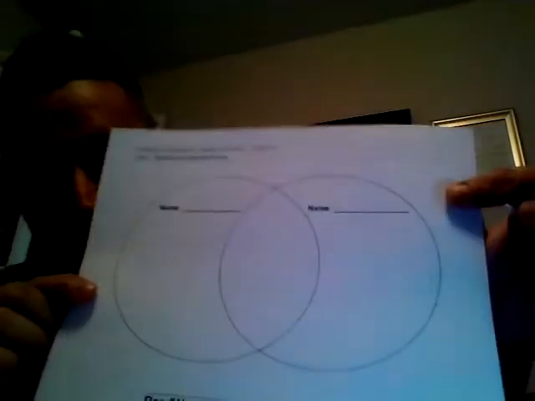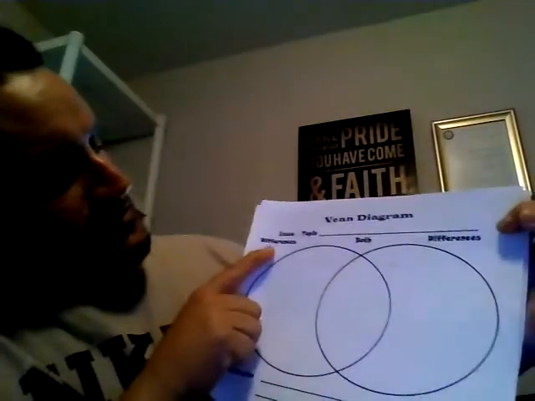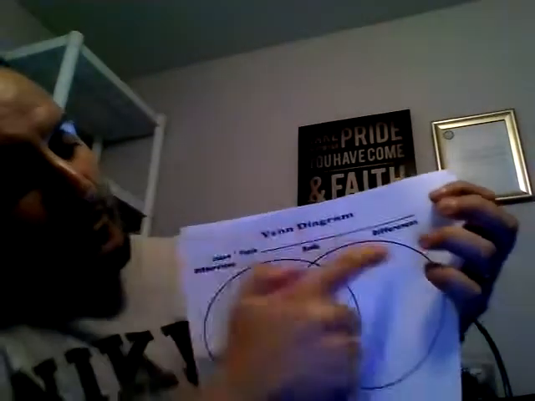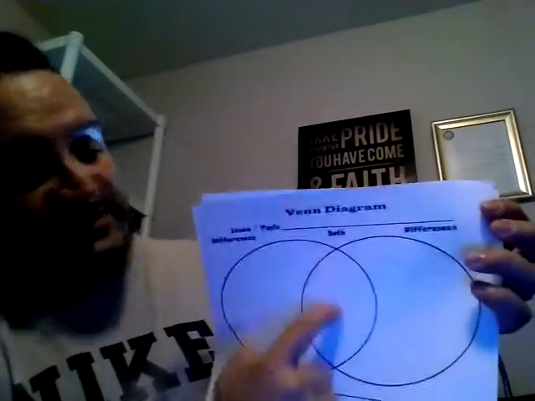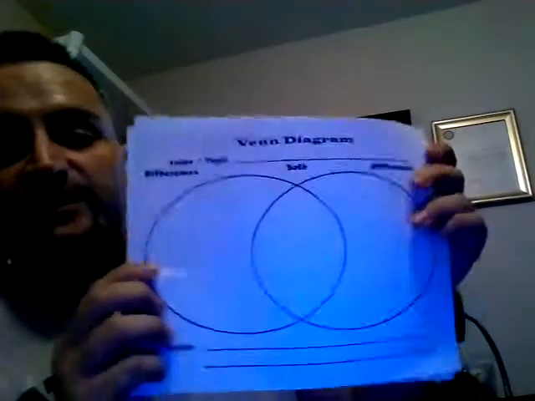The one that I'm doing is this one. If you can see, it's the actual Venn diagram, the circles. What the Venn diagram does is tell you what the differences are for both, and then what is in common for both of the comparisons that you're trying to make.